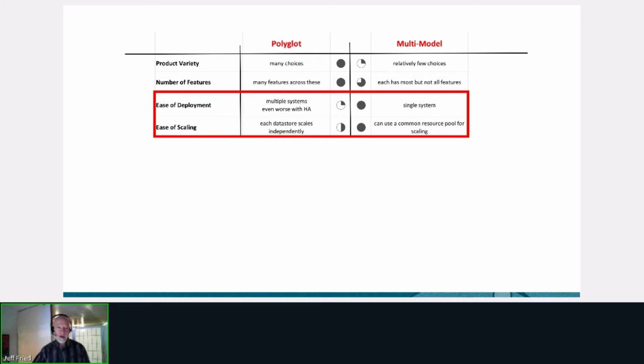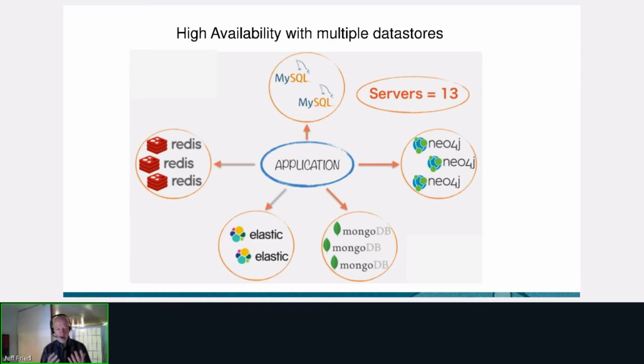there's a situation where 5 different systems versus 1 is obviously more complex and hard to deploy, but it becomes even worse when you consider things like high availability, because each of these data stores has their own model for scale out.